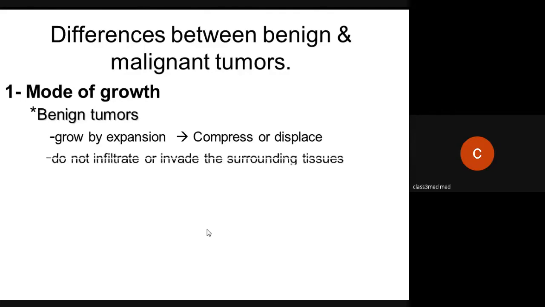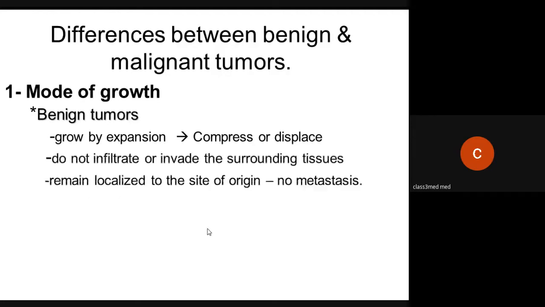Also, benign tumors remain localized at the affected site. The benign tumor does not have the ability to invade the surrounding tissues and does not have the ability to metastasize to distant sites, to travel and give secondaries.